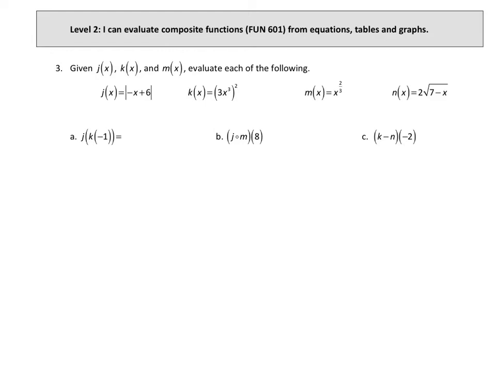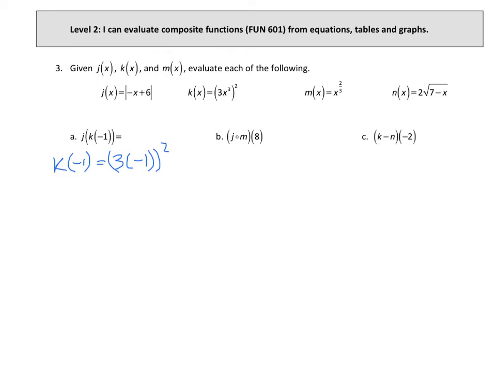Okay, so for this first one in part A, j of k of -1 means we're plugging -1 into k first. So first we're going to evaluate k of -1, which means we plug -1 in for x. We get 3 times -1 to the third, all raised to the second power.